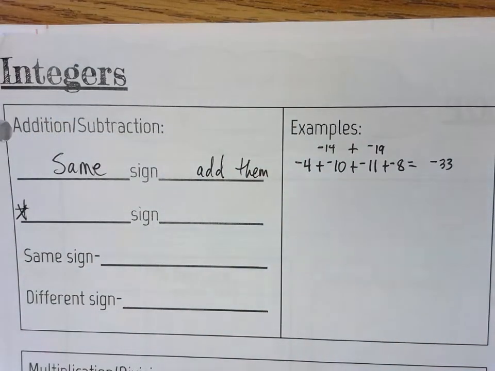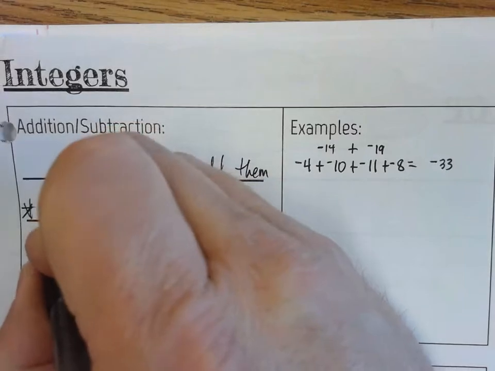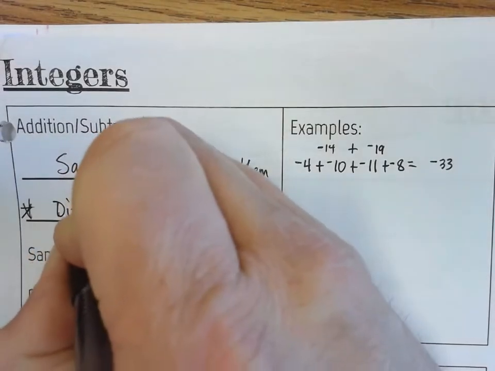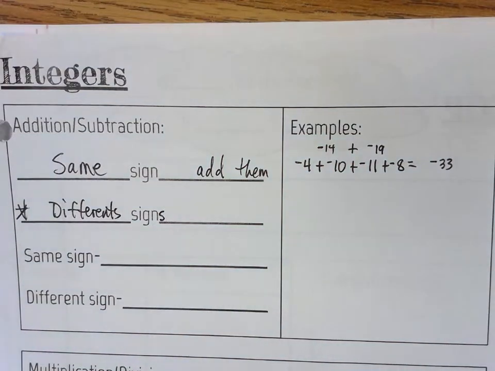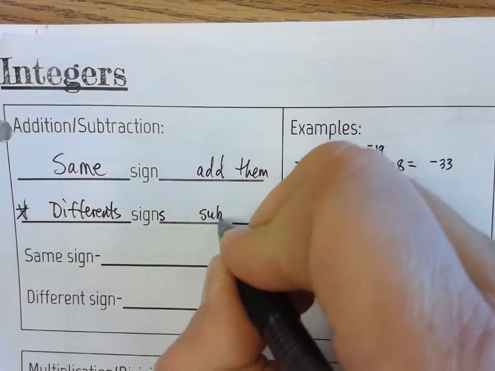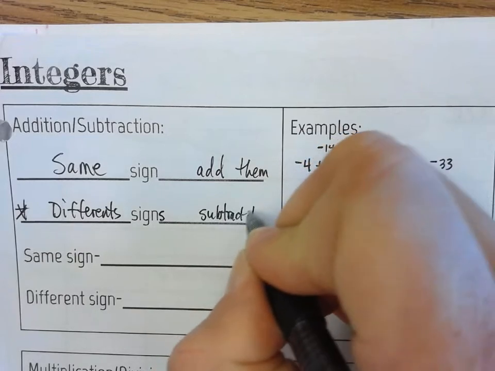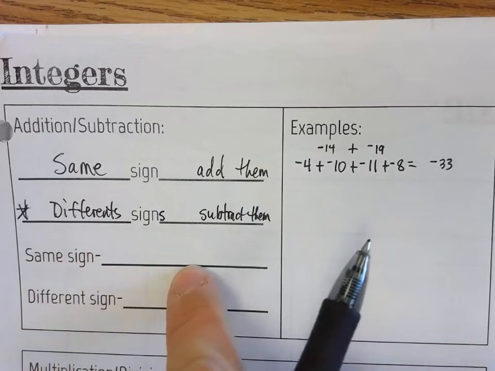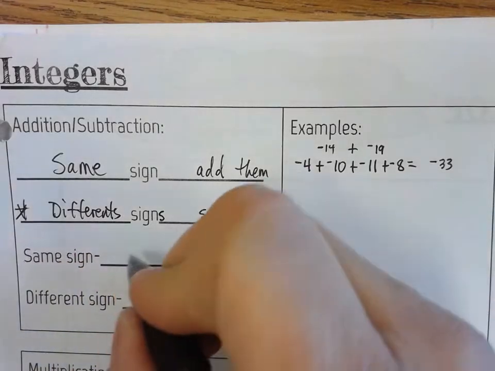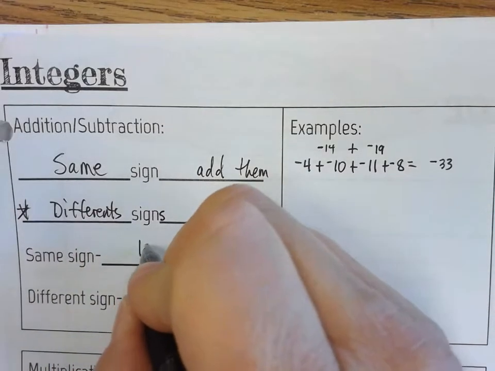This is where you soldiers get me a little worried. When they have different signs, you are actually going to subtract them. On the same sign, up here, we kept the sign.